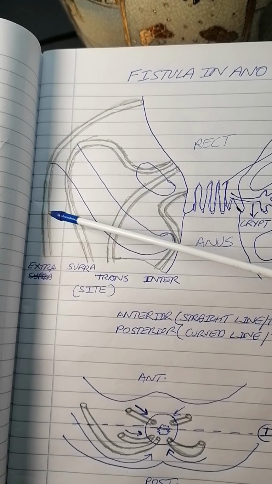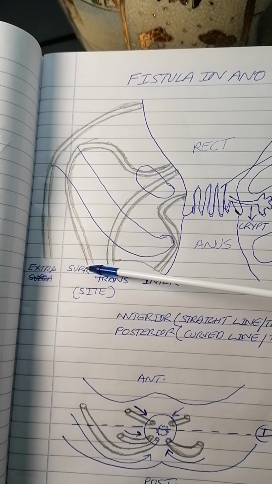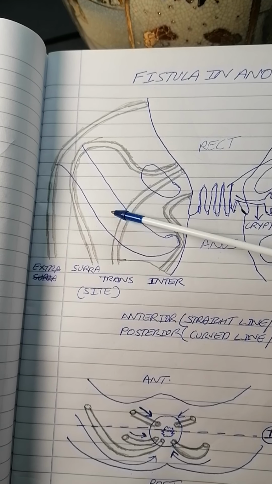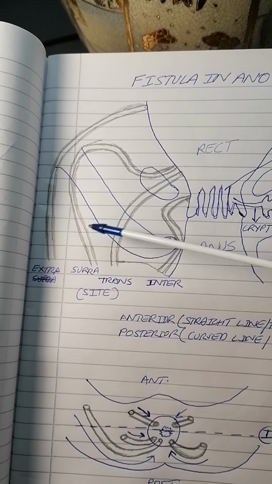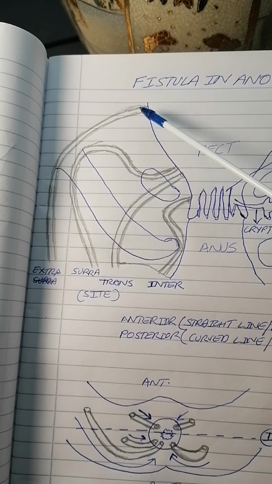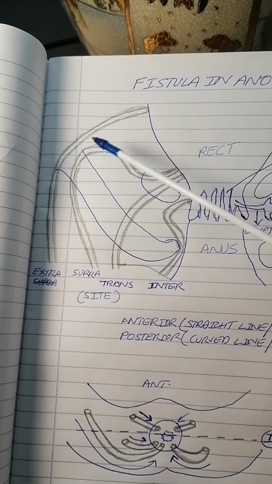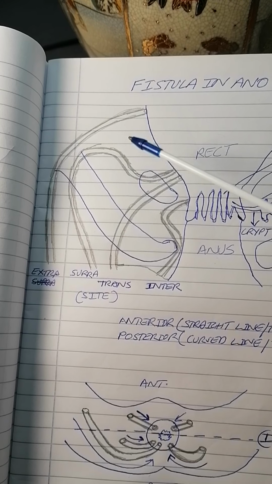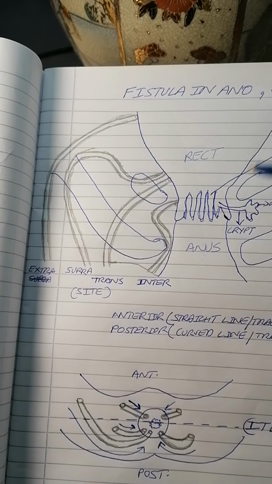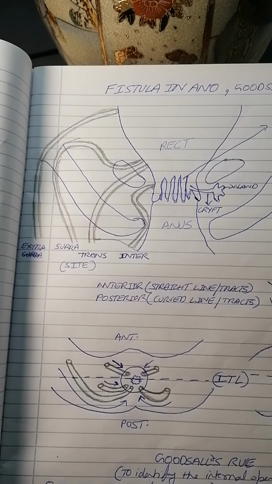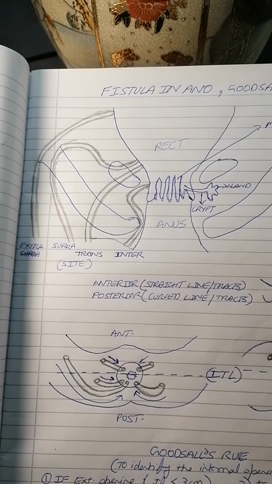Do not confuse extra with supra. Supra was passing through the internal sphincter but above the external sphincter, but the extrasphincteric fistula passes a bit above. It doesn't pass through the internal sphincter or the external sphincter. That's why it's extrasphincteric. So SITE is easy to remember, and their position is very easy.